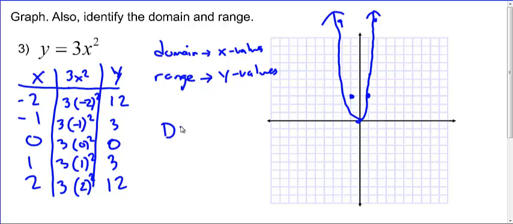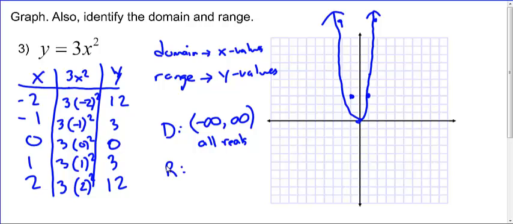Well, what values could I enter and get some result back? Well, there's really no limit. We can go as far left and right as we want. So we would just say something like negative infinity to positive infinity. Some of you may prefer to write it this way and just say all reals. In other words, any number would work.